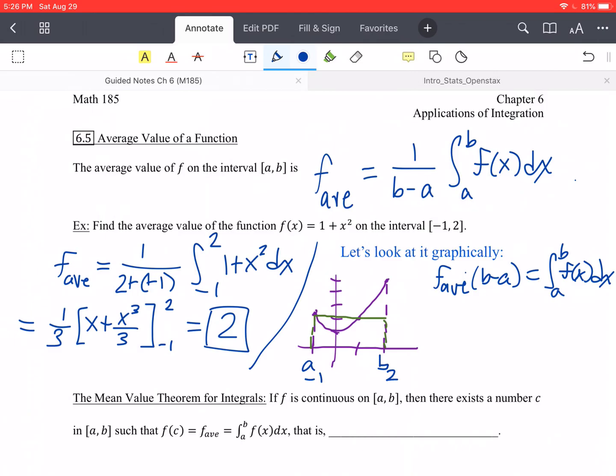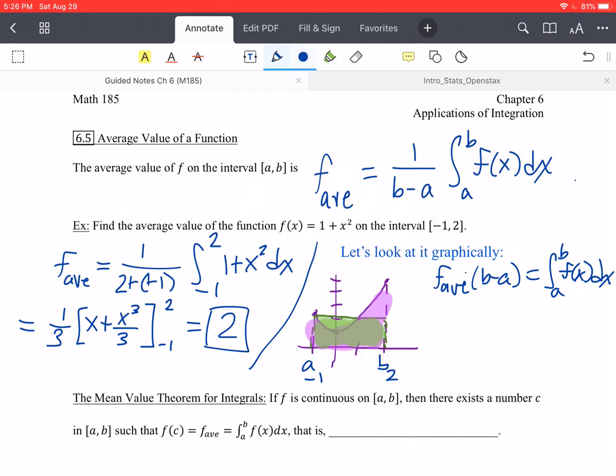So the area of this rectangle, the average value times b minus a, should be equal to the area under the curve over that same interval. They should be the same.